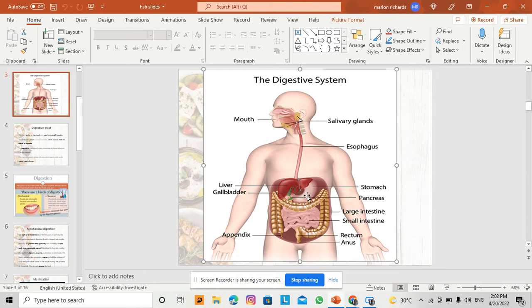Look at the arrow. Here is the stomach, and then that food passes to the small intestine. Now there are three sections of the small intestine. These sections are the duodenum, the jejunum, and the ileum.